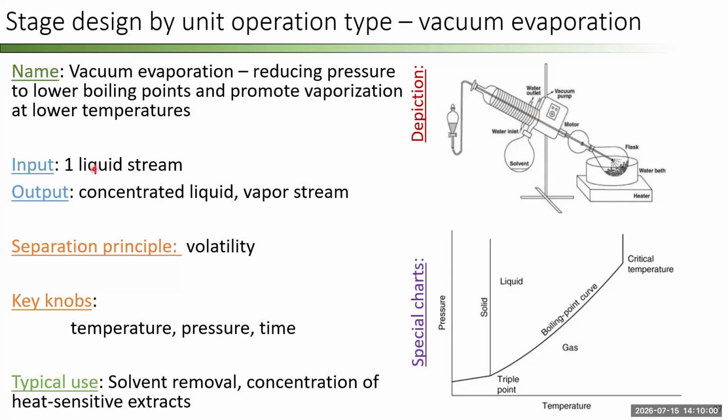We start with one liquid stream. We end up with one concentrated liquid stream, liquid that's usually contained, and then some sort of vapor stream that's generally cooled for solvent recovery. The reason we usually want to do vacuum evaporation is because there's something about the material we're pulling vacuum on that is temperature sensitive.